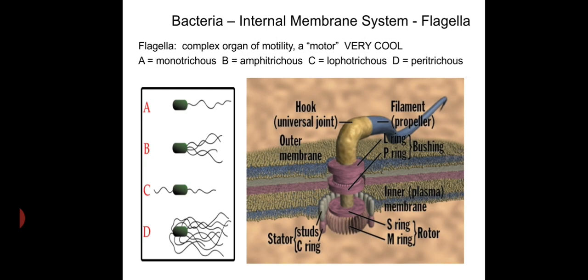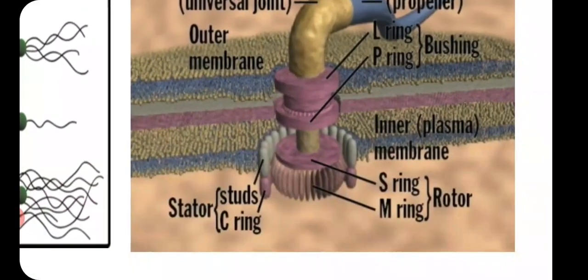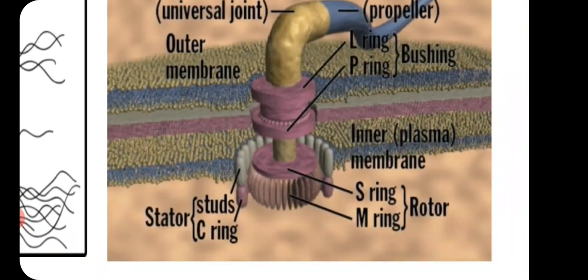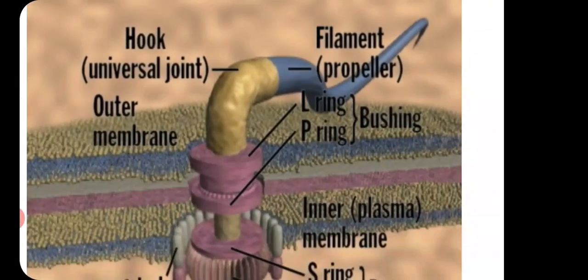And in the detailed structure of the flagellum, the basal part contains two types of rings, the S ring and the M ring. It acts as a rotor and helps in flagellar movement. In the middle part is the P ring, which helps as a bushing.